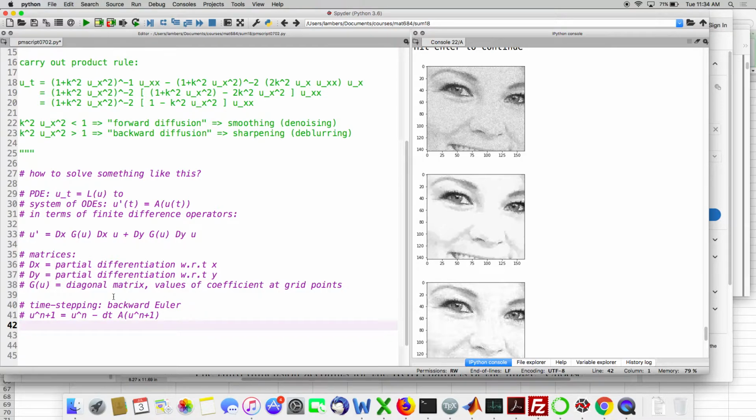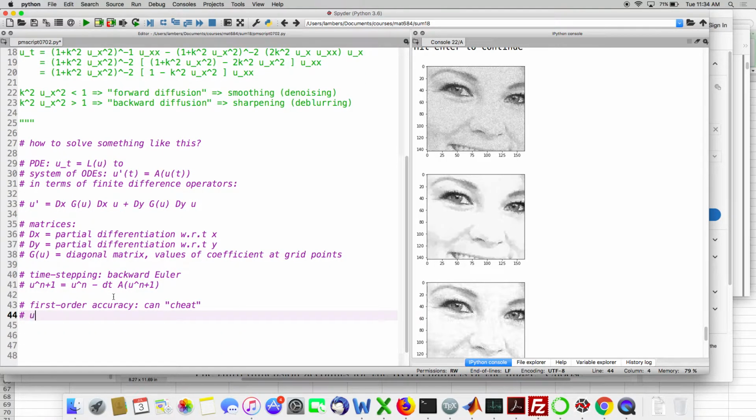But the way I'm doing this is, because I only care about getting first order accuracy, what I can do is cheat. I can say u^(n+1) is equal to u^n. Oh, whoops, that's a plus. Plus dt times, if I expand this out, I could do this.